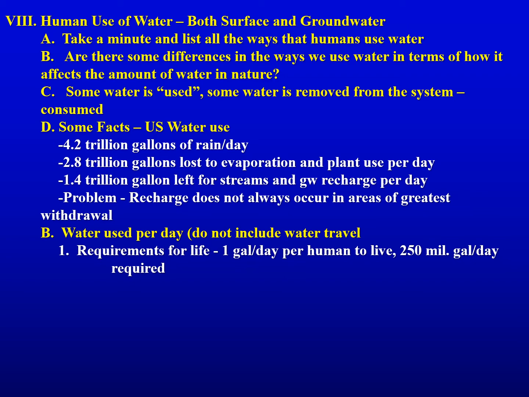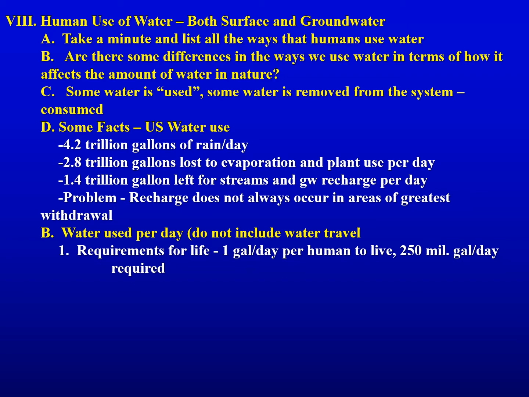Okay, we're going to look at some numbers here. We're going to start real basic. So here in the US, we have 250, 300 million people or so. We'll go with 250. It makes the numbers work out right, but you'll see where this goes in a minute. Just to keep you alive till tomorrow, you need a gallon of water.